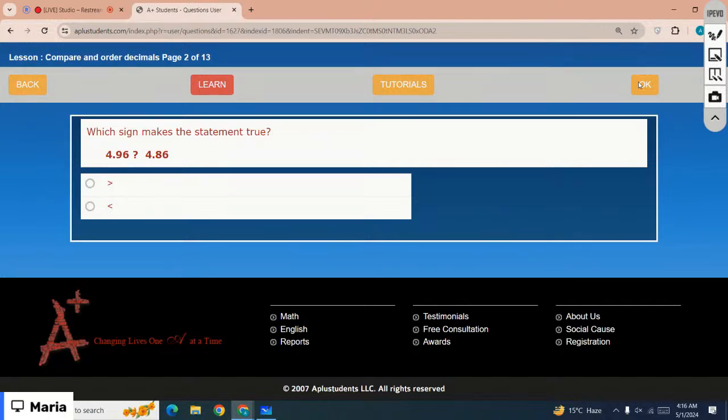The correct option is 4.96 is greater than 4.86, right? The correct option is greater.